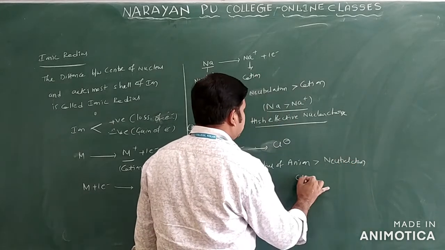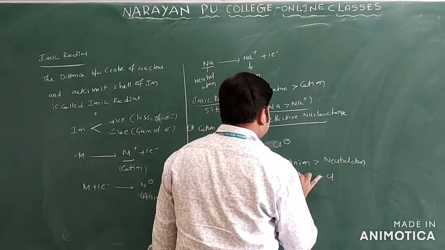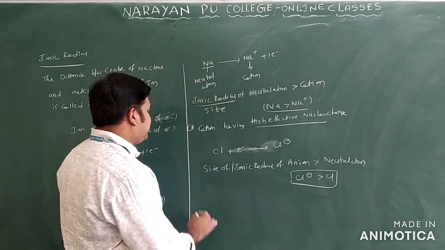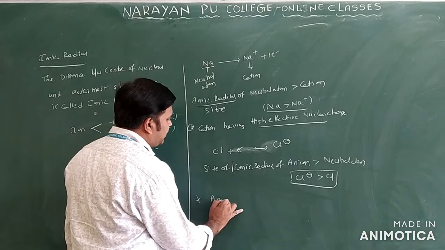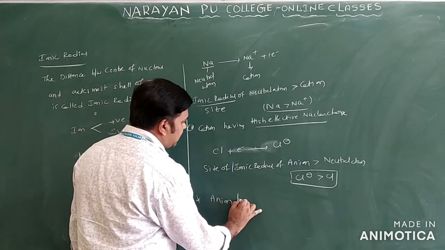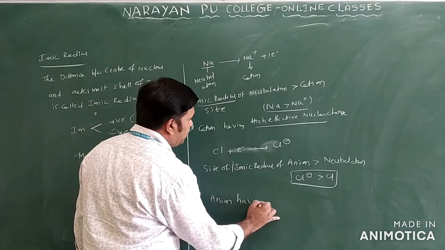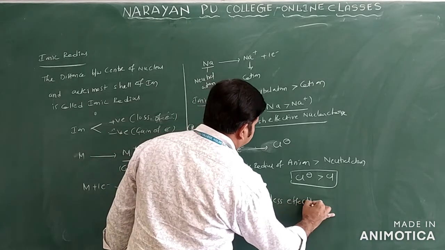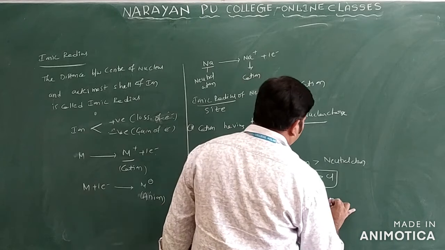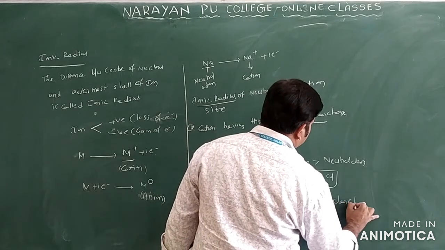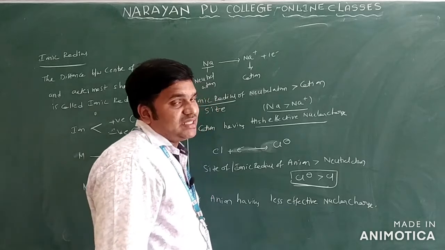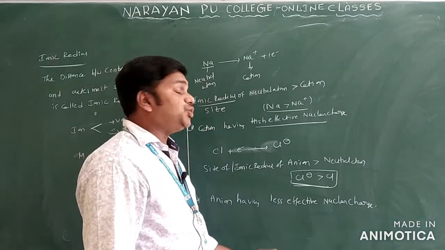From this you write Cl minus is greater than Cl. Why? Because the anion has less effective nuclear charge. That's the reason the size of the anion is greater than the size of the neutral atom.